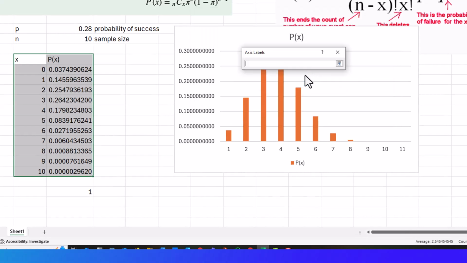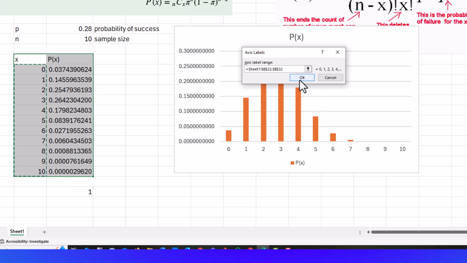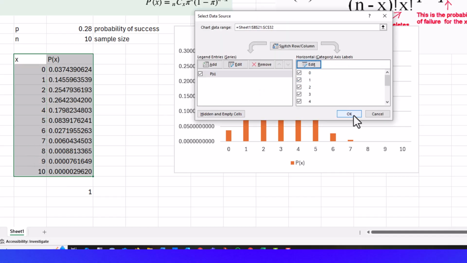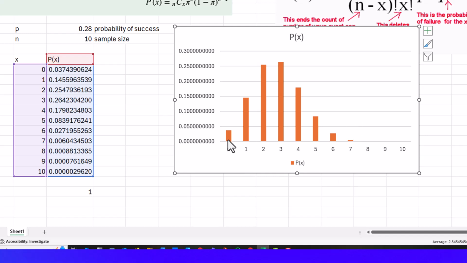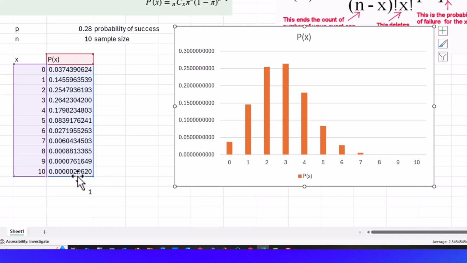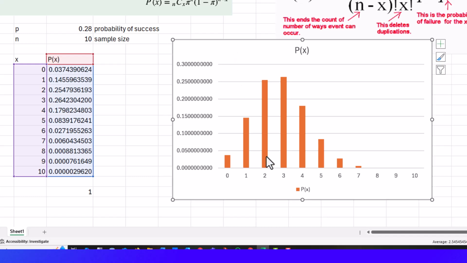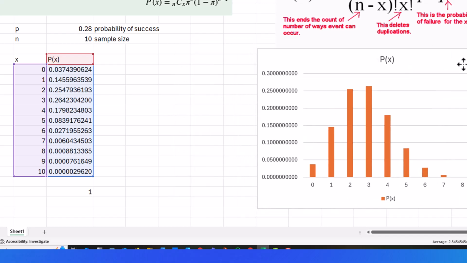And then for my range, I just want these values, 0 through 10. This is kind of nice because what this gives me is the heights of the bars. And you might say, well, what about these? Remember, they're basically at 0. But it shows me my probability distribution, and the heights of these bars, as you can see, are based off of these values here. So you can see where the higher probabilities are.